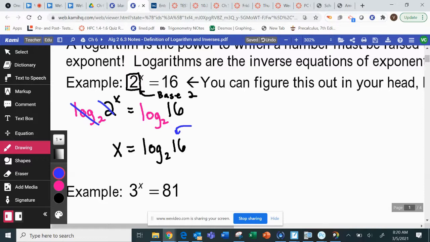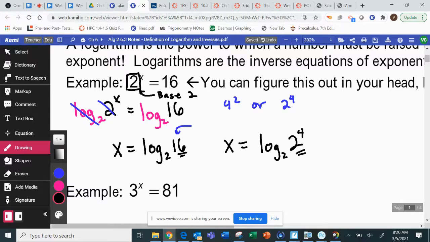It's 4 to the second, or even further down, to the fourth. So I'm going to rewrite 16 as 2 to the fourth. I just took 16 and I rewrote it as 2 to the fourth.